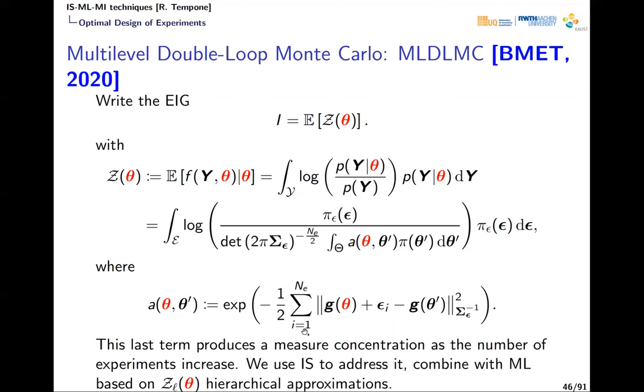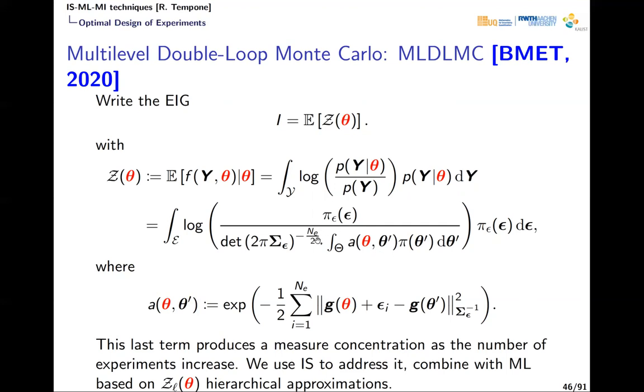To address it, we need to use a Laplace approximation in this setting to produce an importance sampling measure and combine it with multilevel for efficient computations. So again, summing up, expected information gain brings us to the problem of nested expectations.